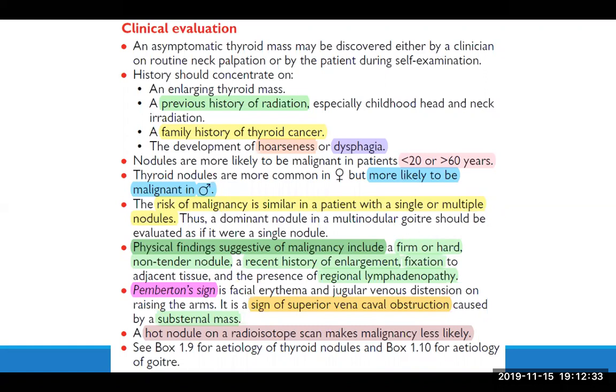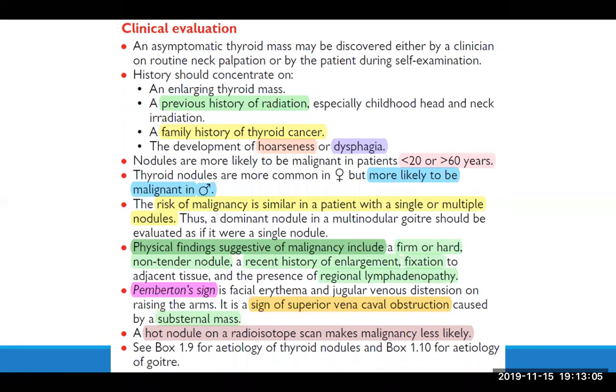There are some physical findings suggestive of malignancy, and in every exam there is at least one question on these. They include a firm or hard non-tender nodule, a recent history of enlargement, fixation to adjacent structures, or the presence of regional lymphadenopathy, especially if there is no preserved hilum in the lymph node, which is highly suspicious of malignancy.